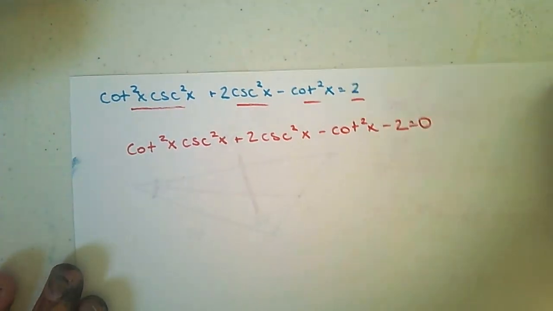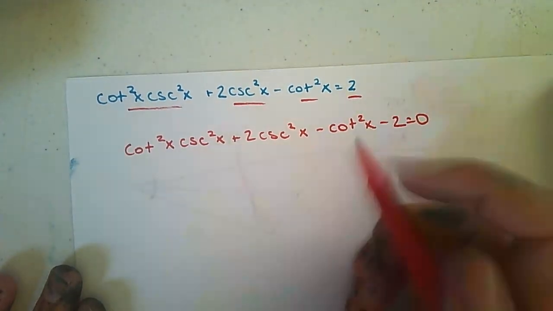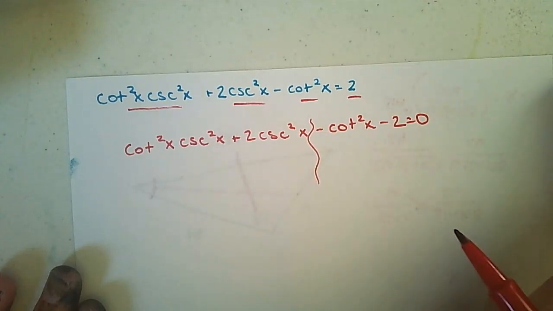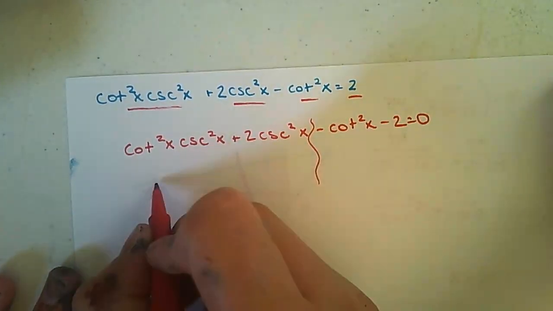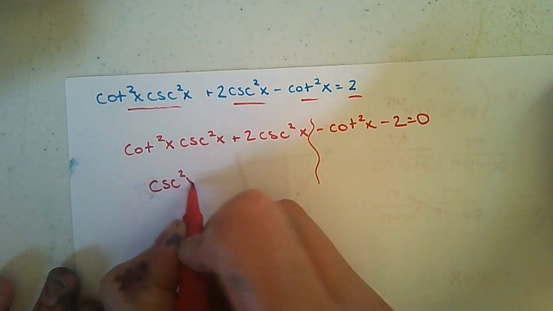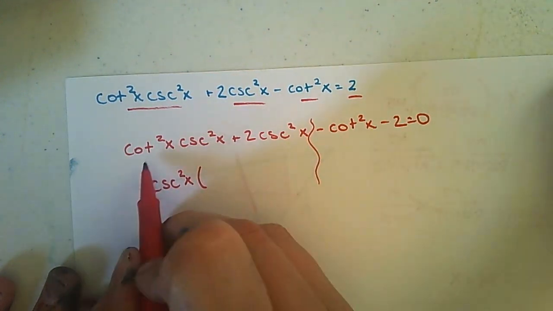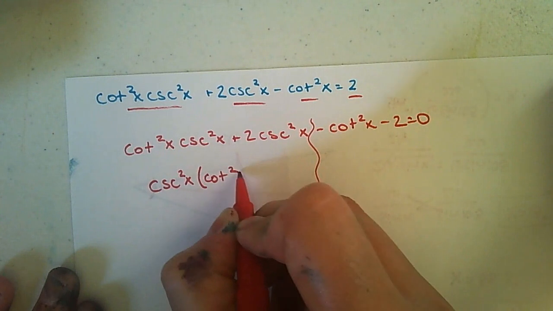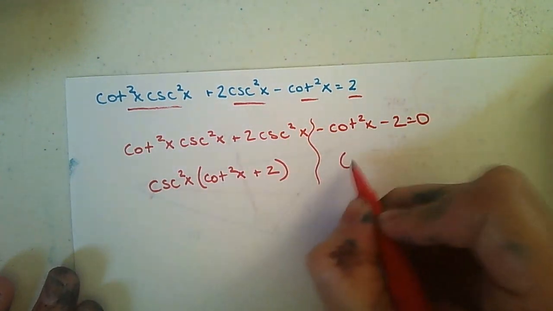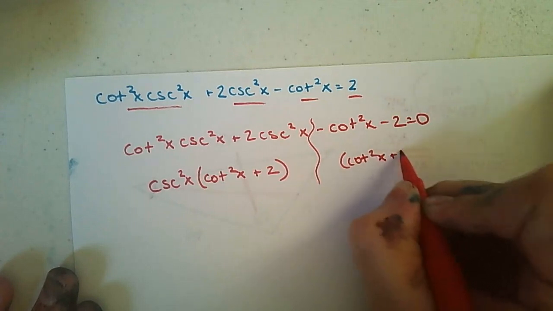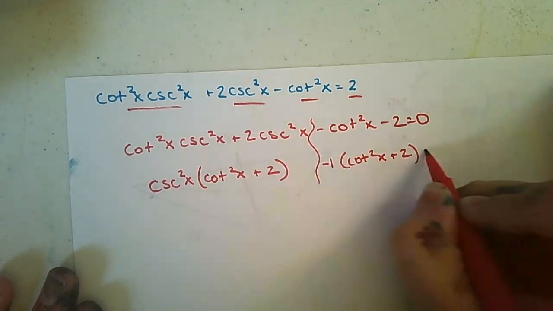All right, and now same thing, I'm going to split it right down the middle. It looks like the GCF of this half can only take a cosecant squared out, and I'm going to have a cotangent squared plus 2 left. In order to be left with a cotangent squared plus 2 over here, I'm going to have to take a -1 out.